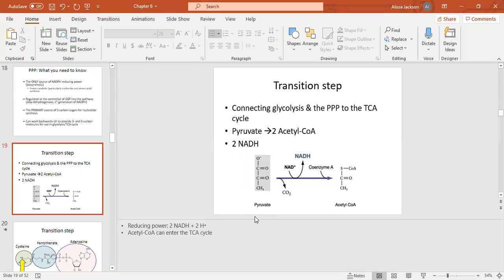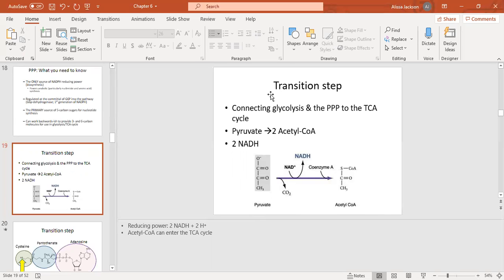Right. It binds to half of the pyruvate. Yes. So pyruvate, you lose a CO2, and then you have an acetyl group, and then coenzyme A binds, and then you have acetyl-CoA right here. And this is part of the transition step.